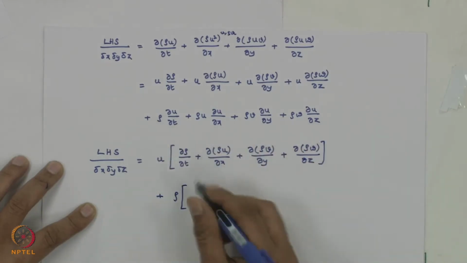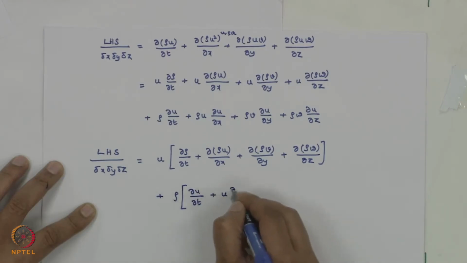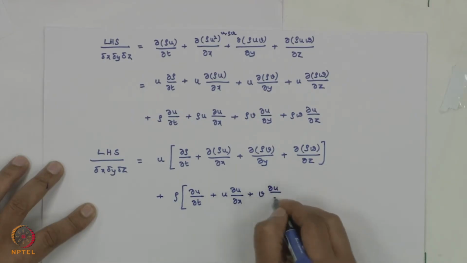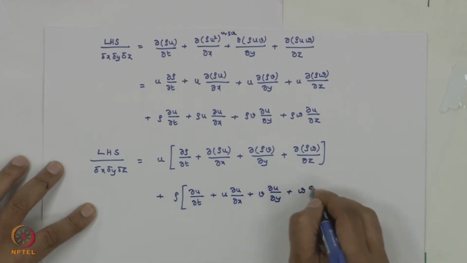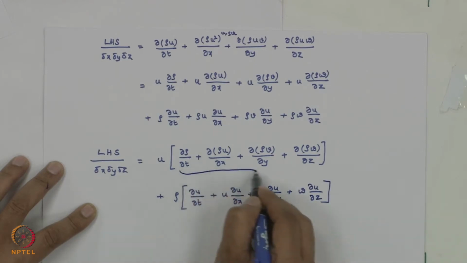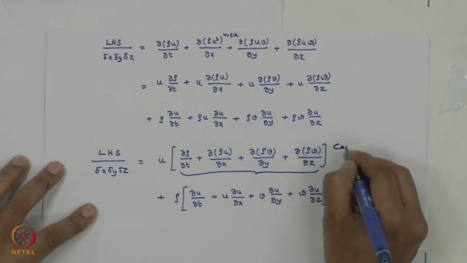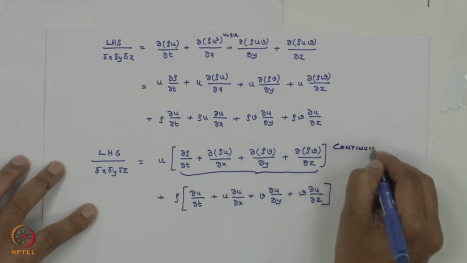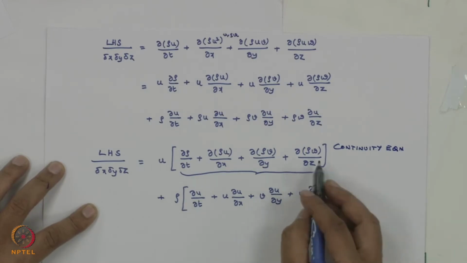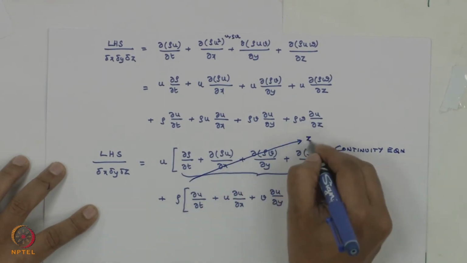Rho if I take common, del u by del t plus u del u by del x plus v del u by del y plus w del u by del z. Please notice that what is this equation? This equation is nothing but my continuity equation. So that means by the continuity equation, I had told you we are going to use this equation while deriving the momentum equation, this vanishes, this is 0.